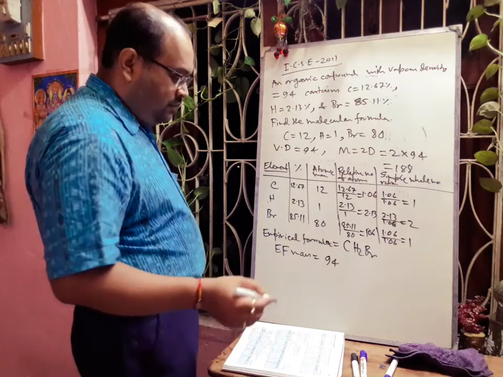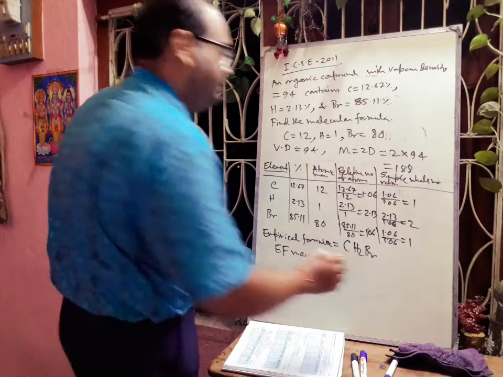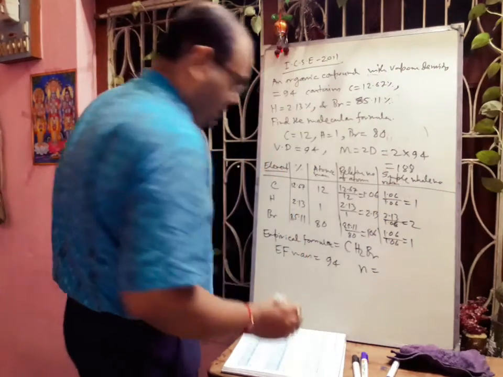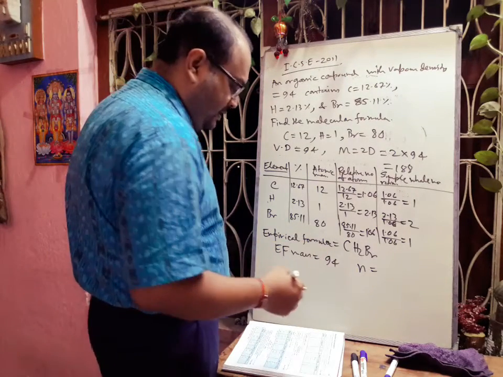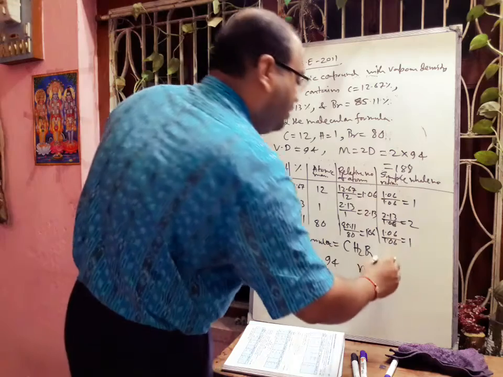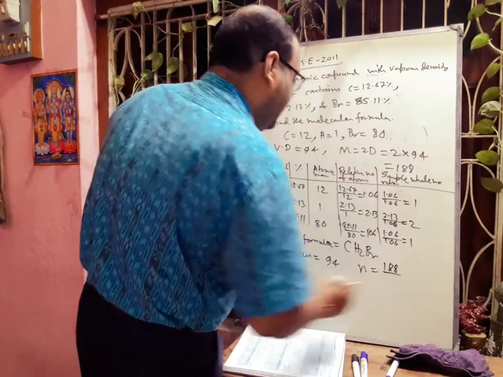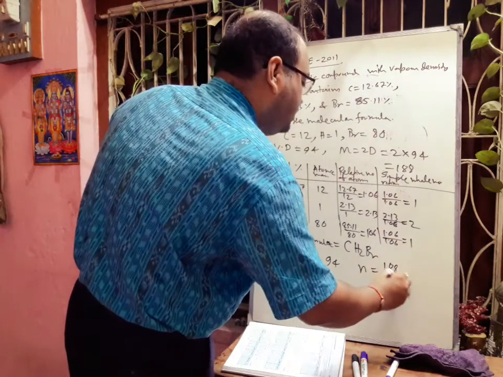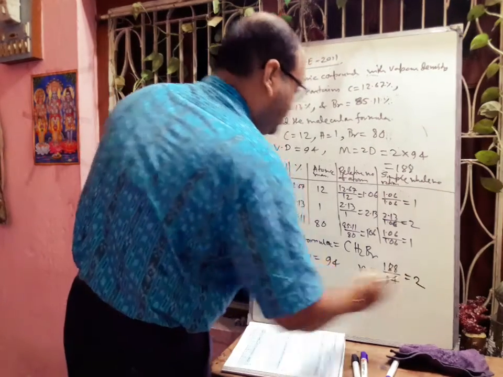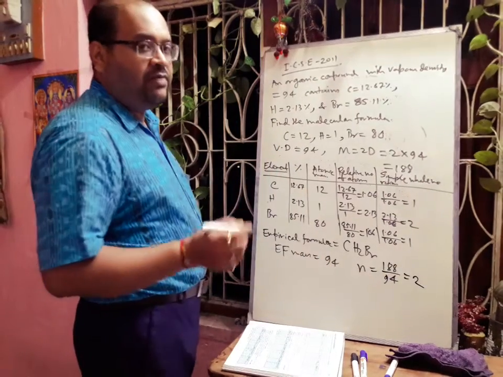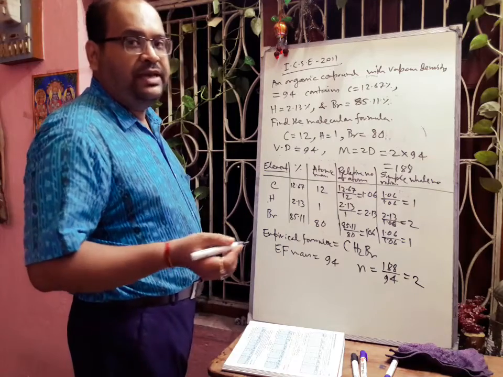So from here we have to calculate n. n will be the molecular mass divided by the empirical formula mass. Molecular mass we have already calculated as 188, divided by 94. Then we will get the value 2. So from here we know that the molecular formula is equal to n into empirical formula.